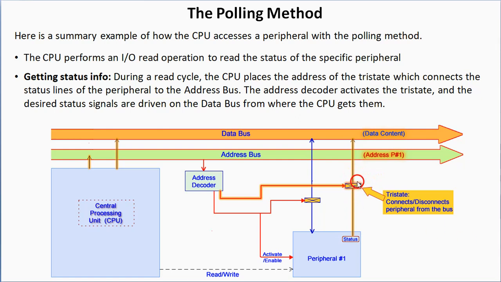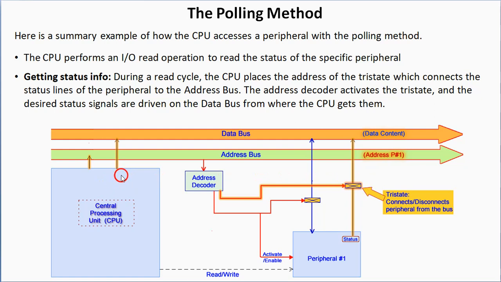So in this example, we assume that this tri-state has an I/O address that is allocated to it. So it is, for all practical purposes, some kind of external device that the CPU can actually read.